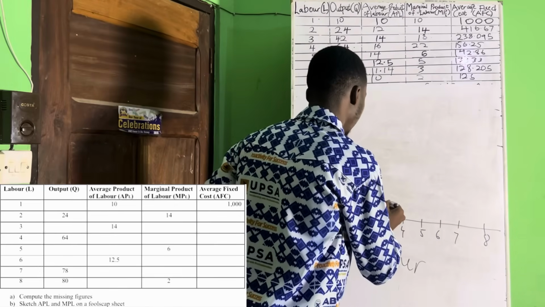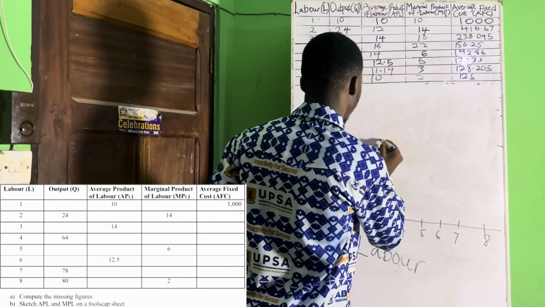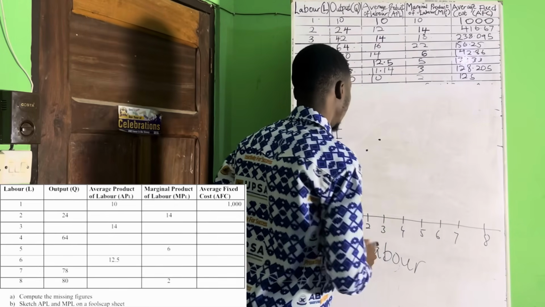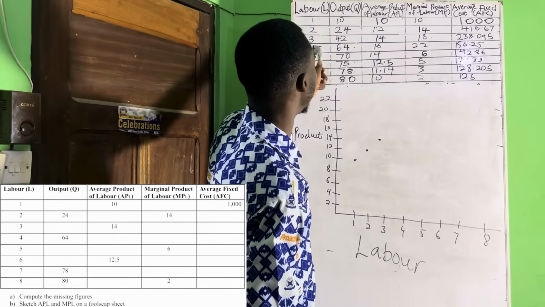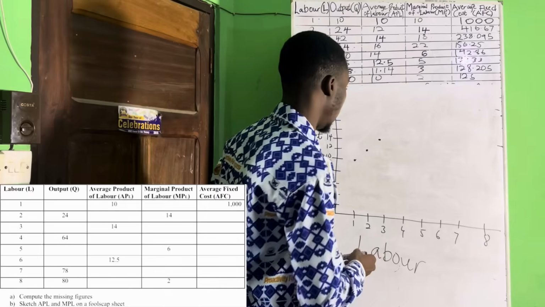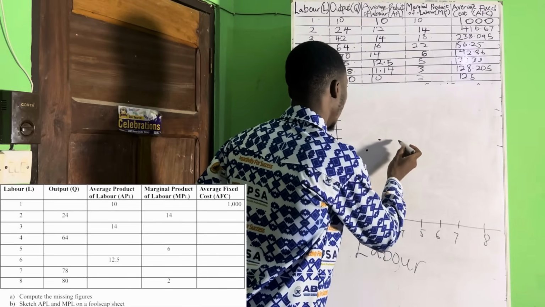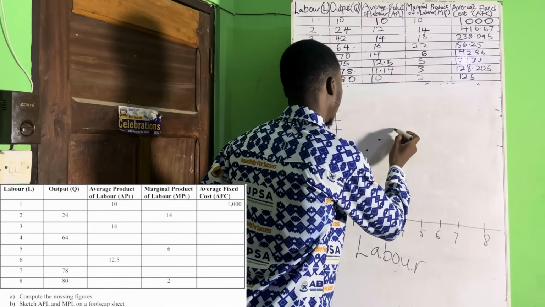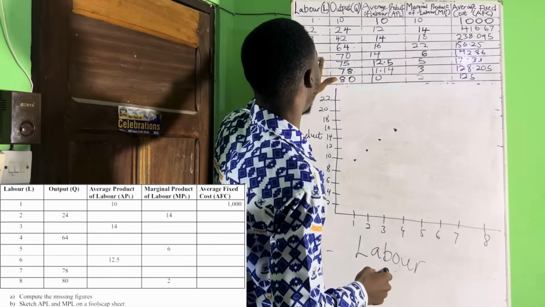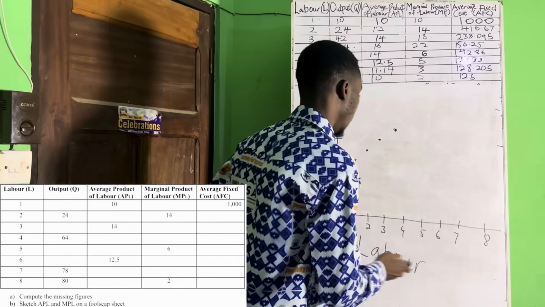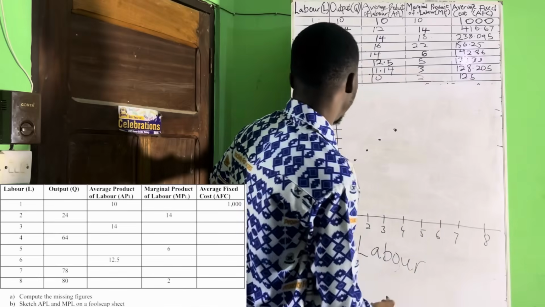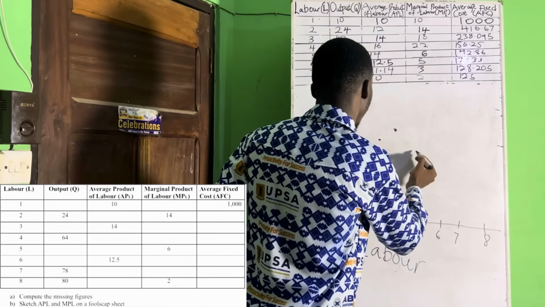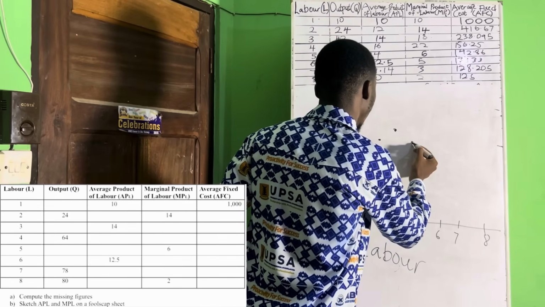So 3 and 14, 14 is somewhere here. Then for labor 4, average product of labor is 16. So 4 and 16. Then labor 5, average product of labor is 14. So labor 5, then we look for 14 here. So 5 and 14 should be somewhere here.